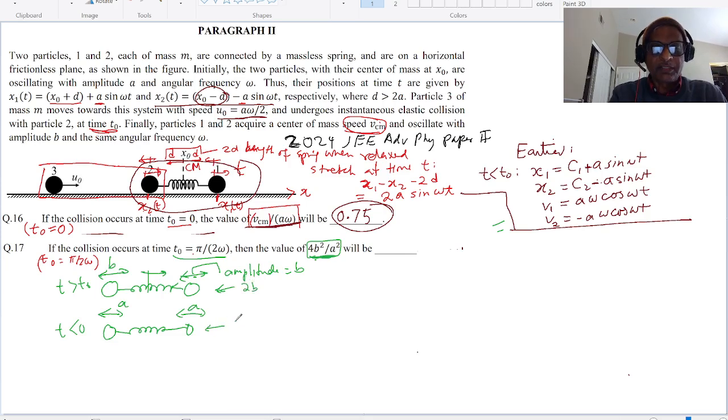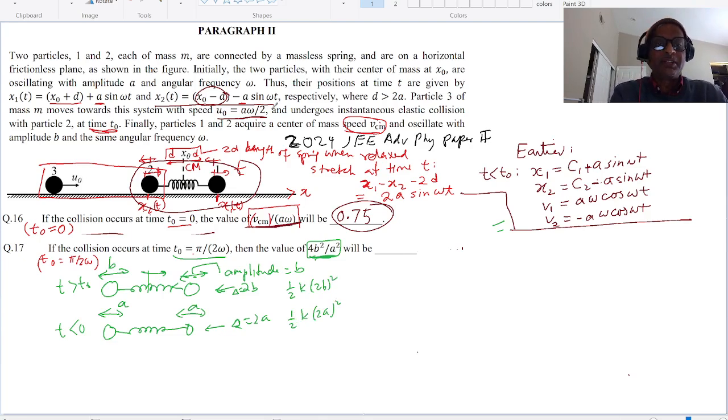When that's oscillating, deformation of the spring is 2b and 2a. So in addition to kinetic energy, potential energy will be half k 2b square, and here half k 2a square.